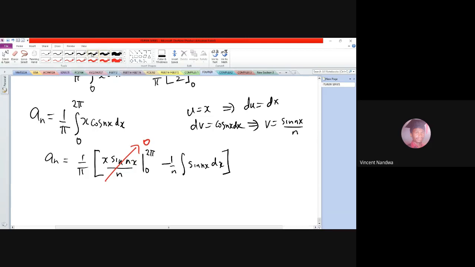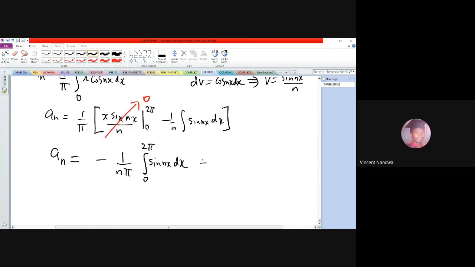So an reduces to minus 1 over n pi, integral from 0 to 2 pi of sine nx dx. And then we carry out the integration: minus 1 over n pi, and integrating this gives negative cosine nx over n, from 0 to 2 pi.